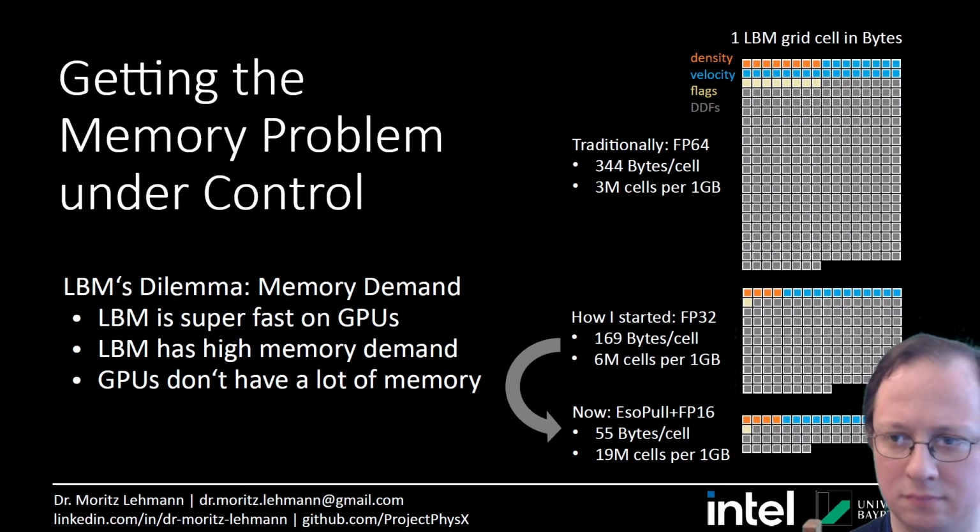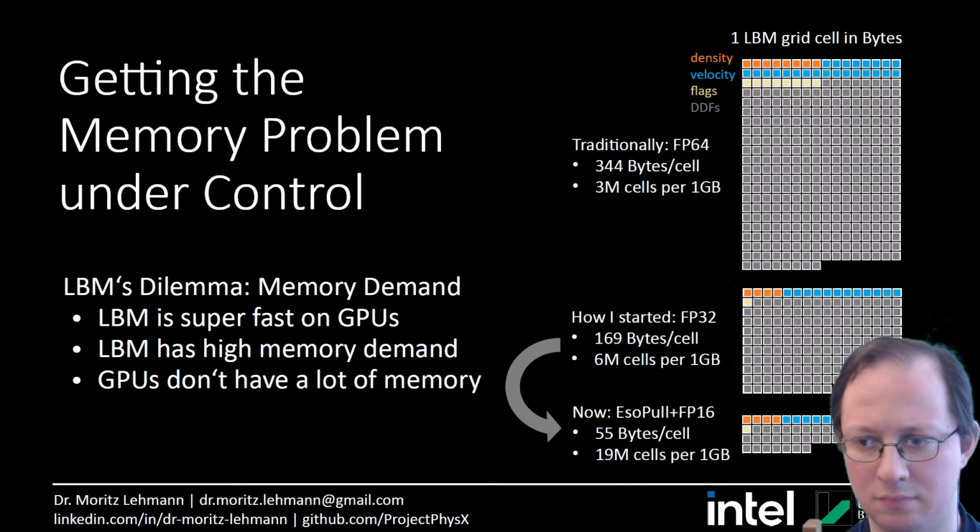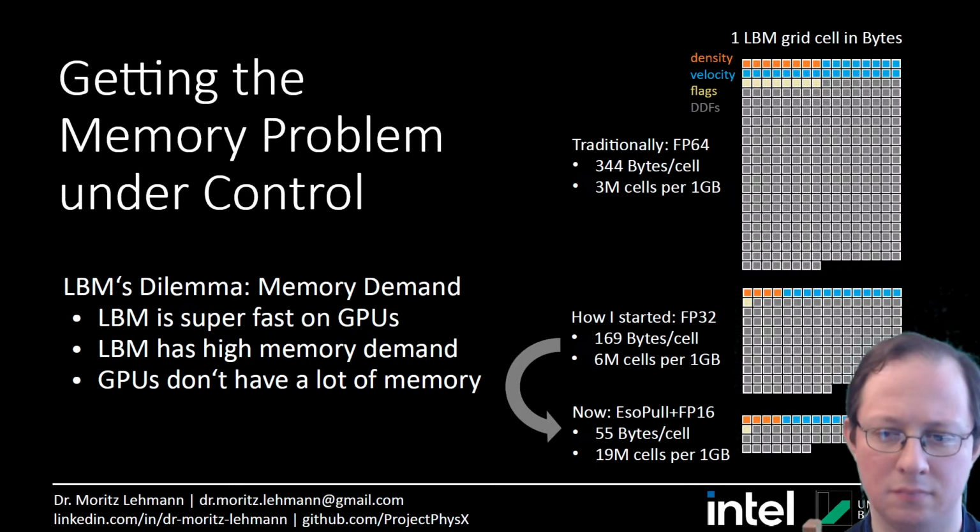They are essential. So what I did was I reduced the memory footprint, especially for the DDFs. I started already with only FP32, so only single precision floating point. And there's not really a trade-off, because the accuracy is still the same, except for some corner cases, like super low velocity, which doesn't even make sense to simulate anymore.